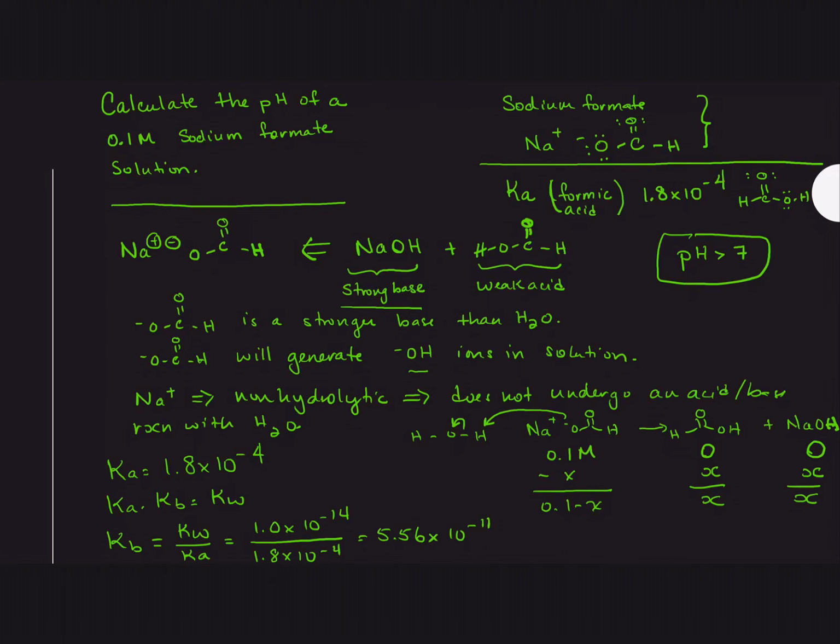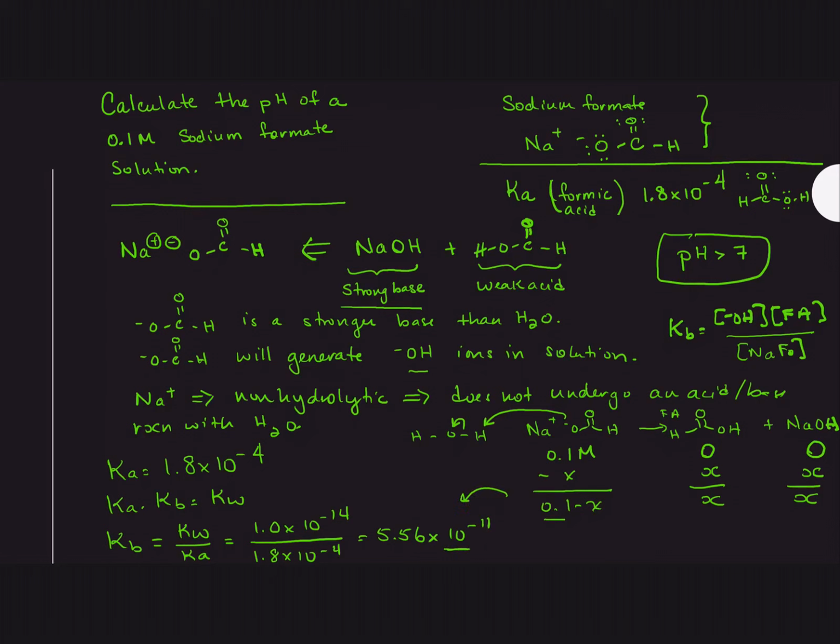The last step is simply to set up a Kb value. We know that Kb would equal the hydroxide ion concentration times formic acid, and I'm going to use FA to represent formic acid, divided by the sodium formate concentration. If we look at the value for Kb, this is 0.1, and this is 10 to the minus 11th.